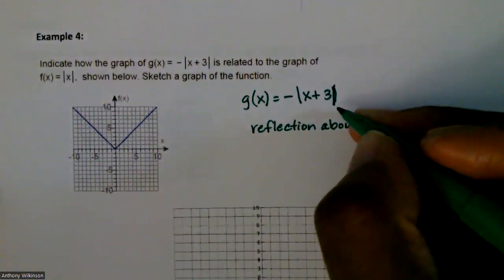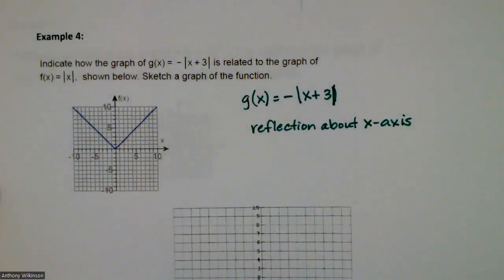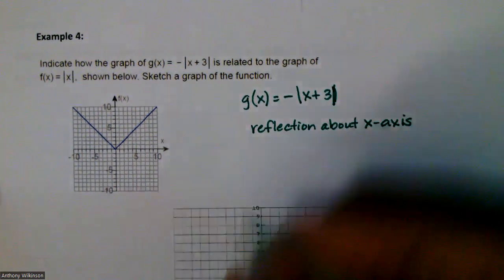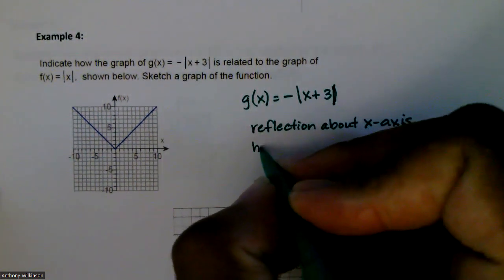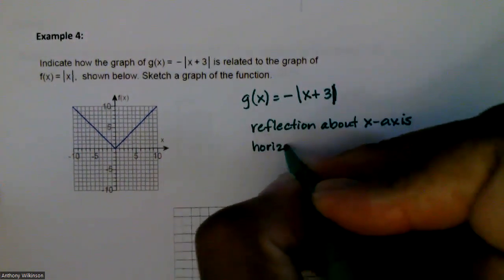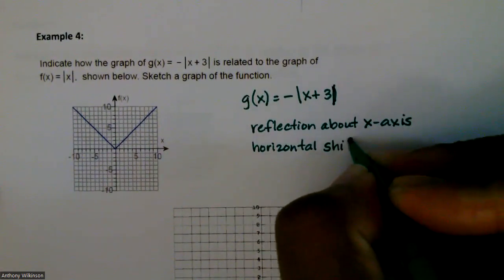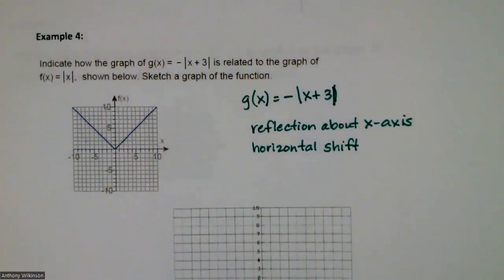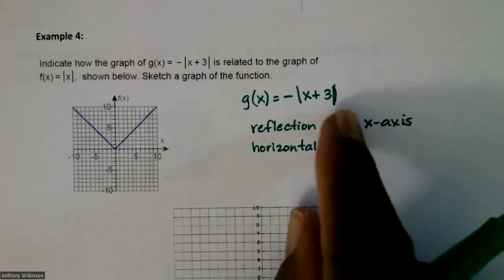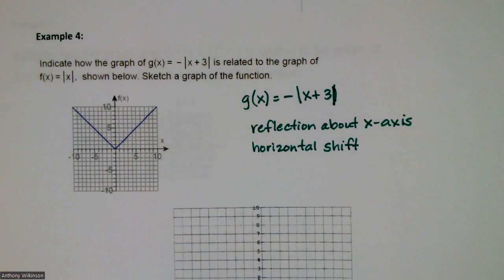And I also see something else, the plus 3 inside the absolute value symbol. That means that there is a horizontal shift. Not a vertical shift, horizontal shift. Vertical shift means that the plus 3 would have to be on the outside. Here the plus 3 is on the inside, so that means that there is a horizontal shift.